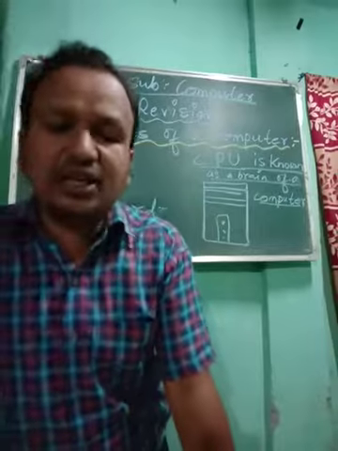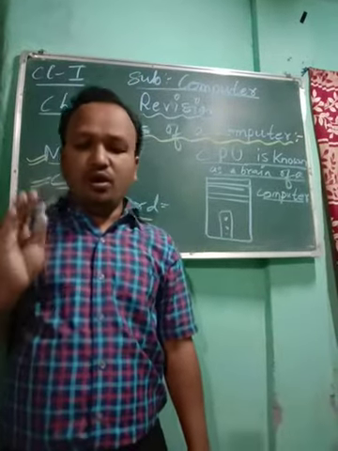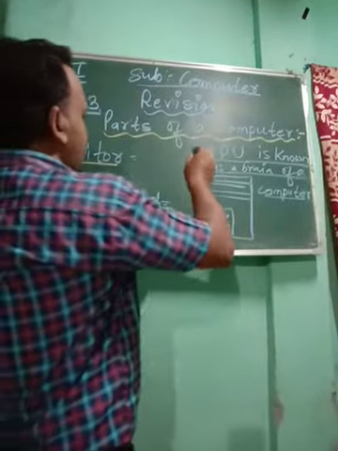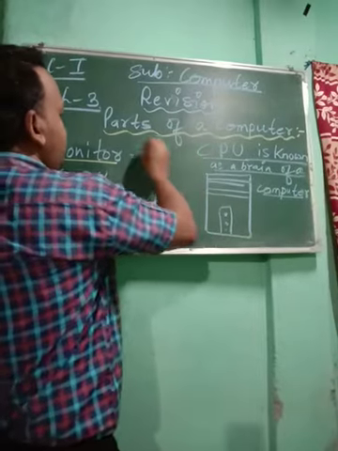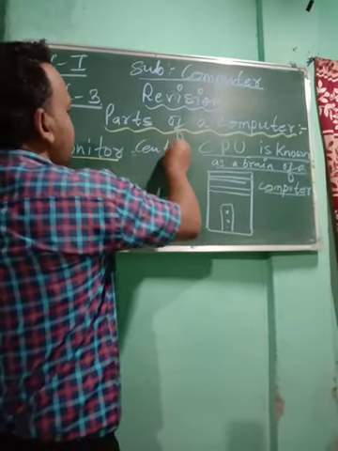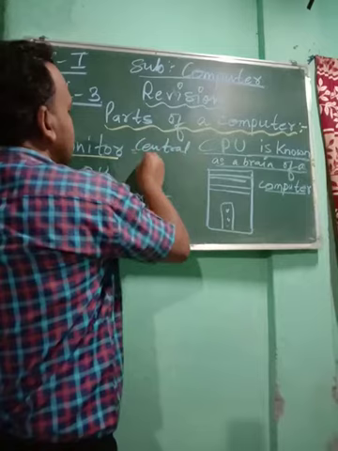Okay, CPU, its full form is Central Processing Unit. C for central, P for processing, U for unit.